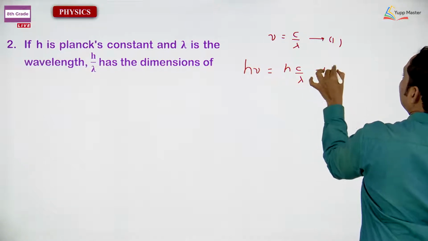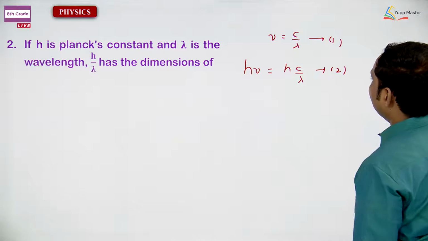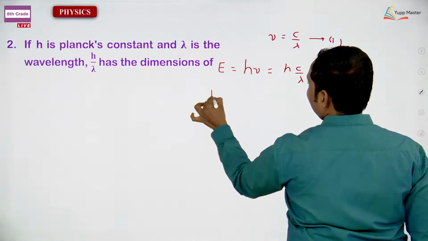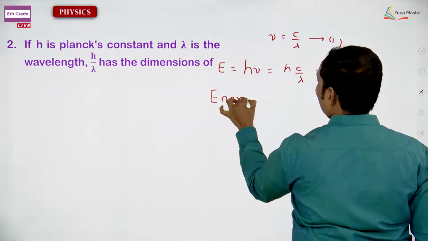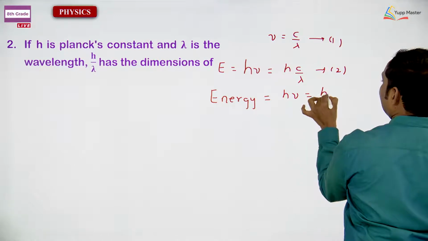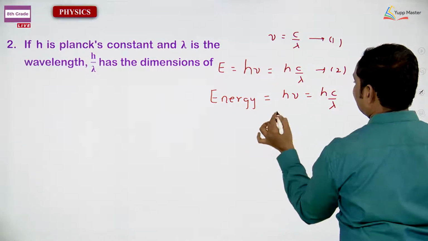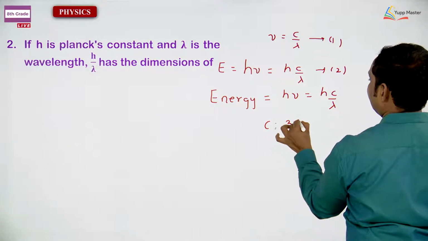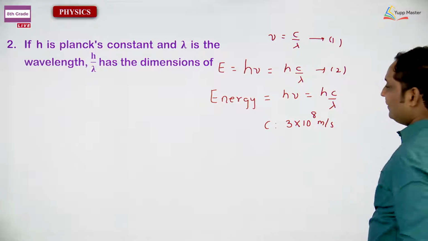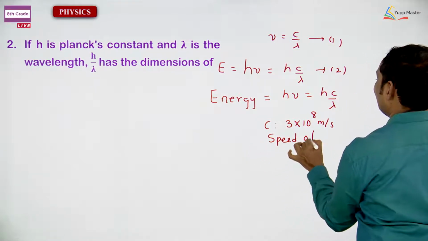Let's assume this is the second one. What about the dimensions of energy? That is equal to h nu, which is equal to h c by lambda. c is going to be 3 into 10 to the power of 8 meter per second, the speed of light.